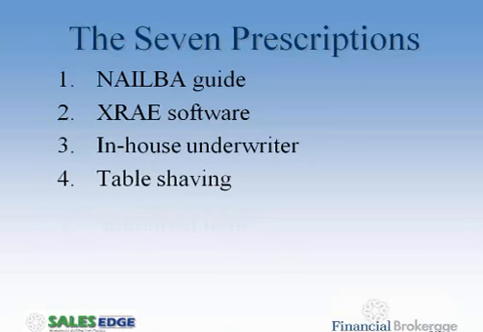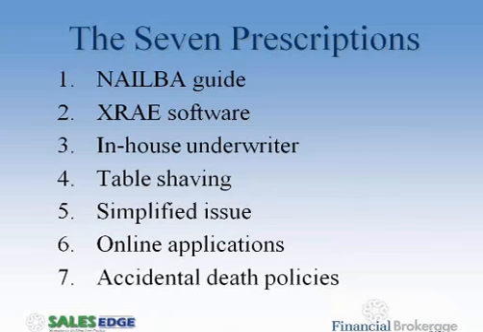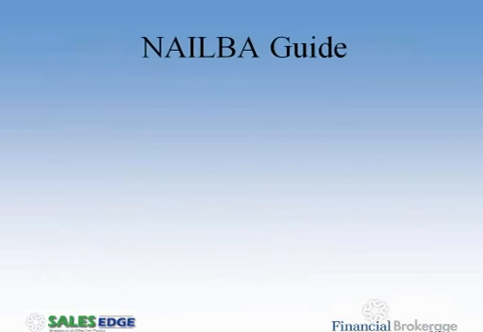We'll also talk about some specific programs that carriers have and specific products when you know that you're going to have an adverse underwriting decision, and you can make the whole process a little faster by using table shaving or simplified issue type products. Online applications work even when the client is healthy, and you just want it to go through a little faster. And if all else fails, accidental death policies are oftentimes overlooked, so I want to touch on that as well. But starting off here, the NAILBA guide.